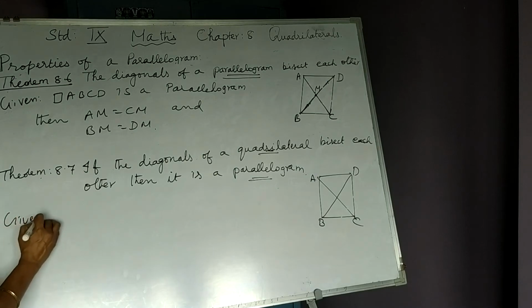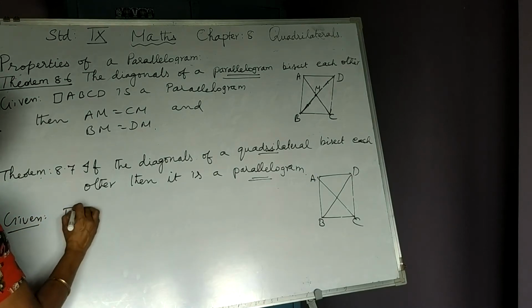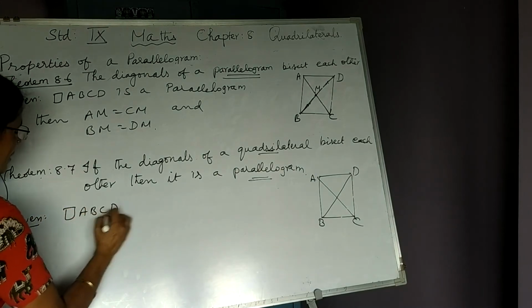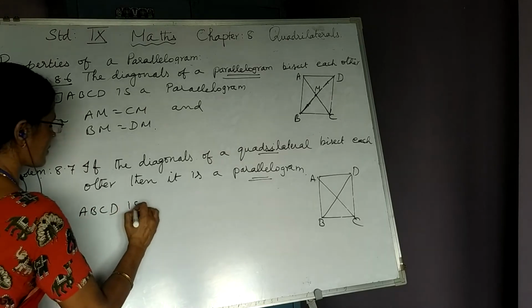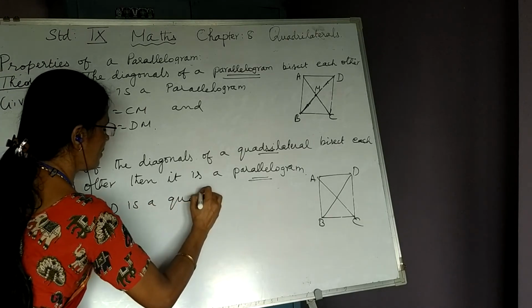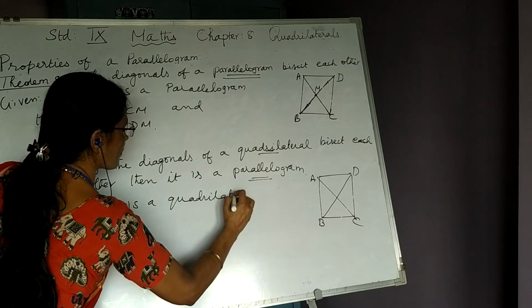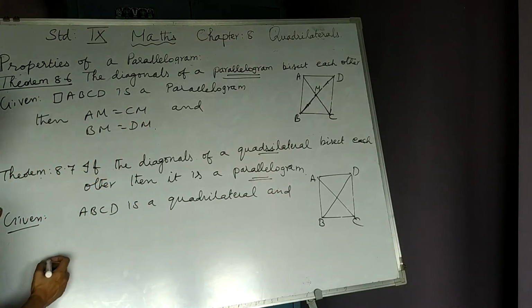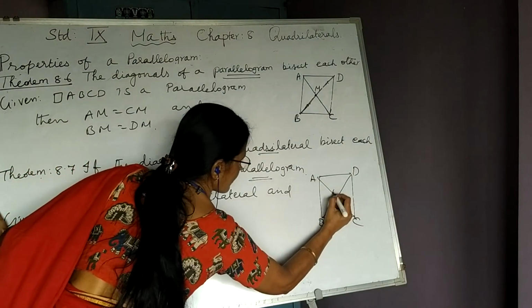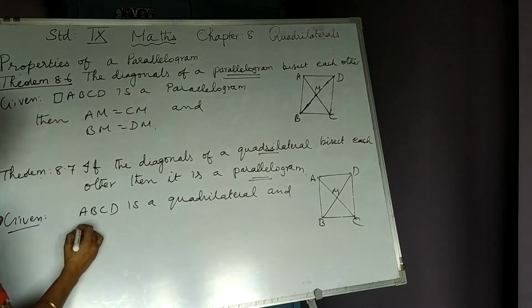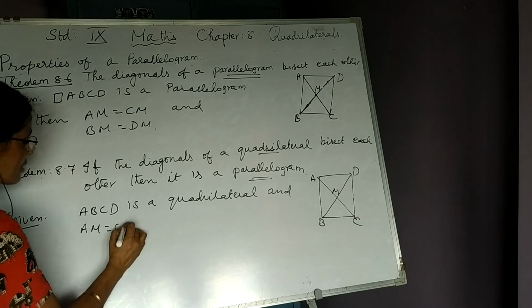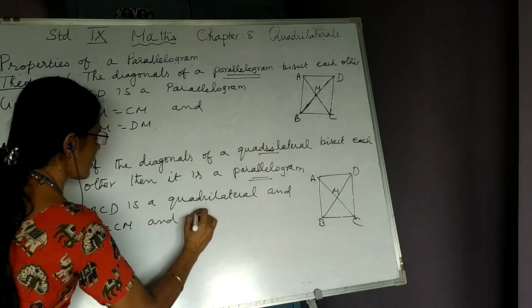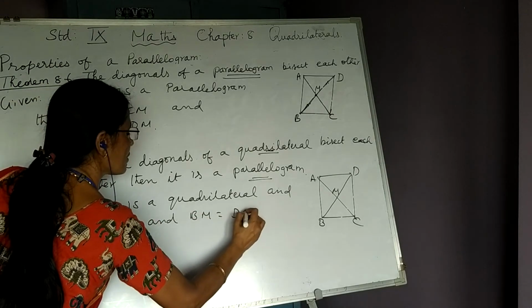So what we are given here? Given quadrilateral ABCD. So I write ABCD is a quadrilateral and AM equal to CM and BM equal to what? Equal to DM.